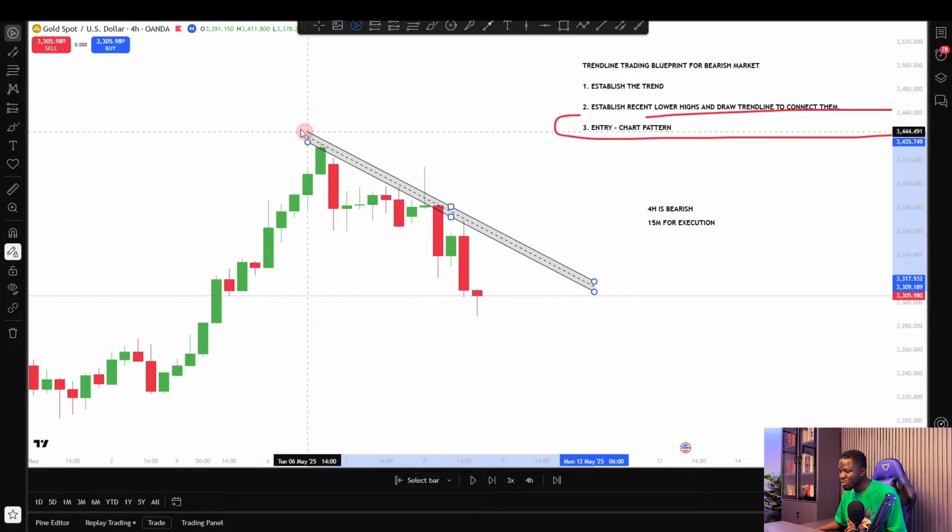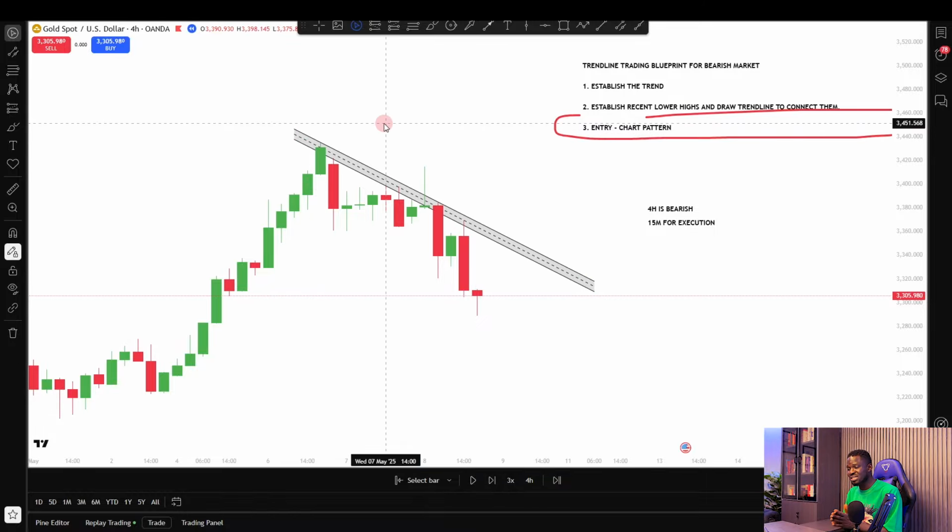The purpose is for the price to mitigate or touch the trend line multiple times. The more touches on the trend line, the more solid and valid it will become to hold the price action whenever price comes back to mitigate the trend line.